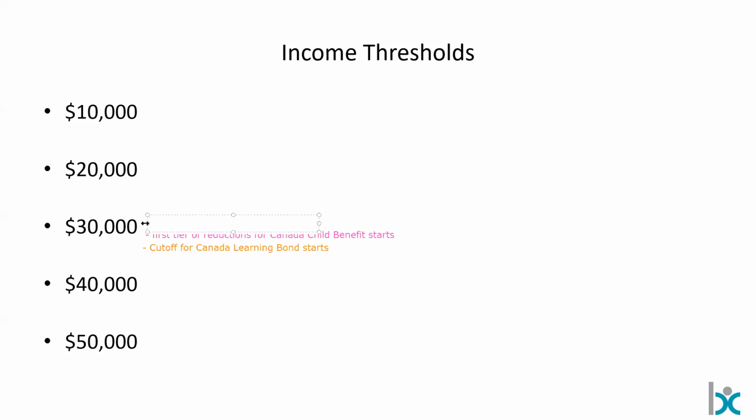Yes, the RDSP bond starts to cut off, and that RDSP bond cutoff ends in the low 40s. Okay, Nicola's point on GIS: somewhere in the high teens or low 20s, depending on the exact circumstance, is where your Guaranteed Income Supplement ends.